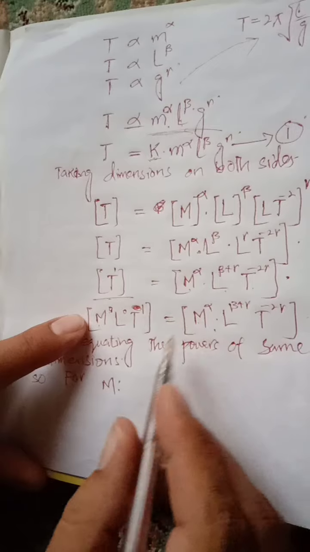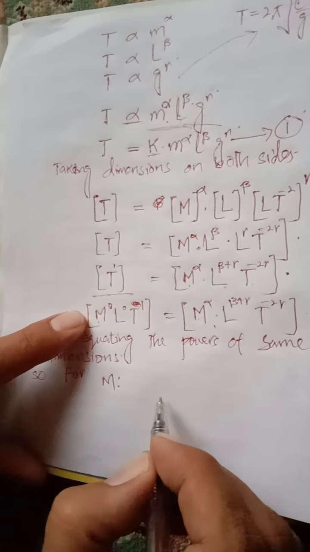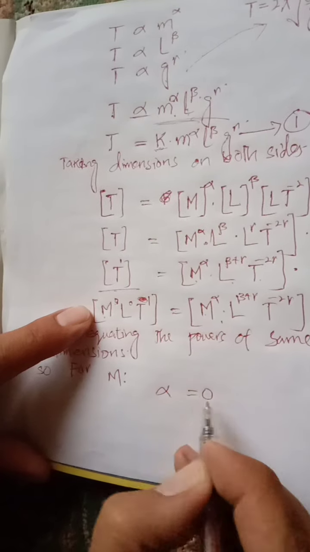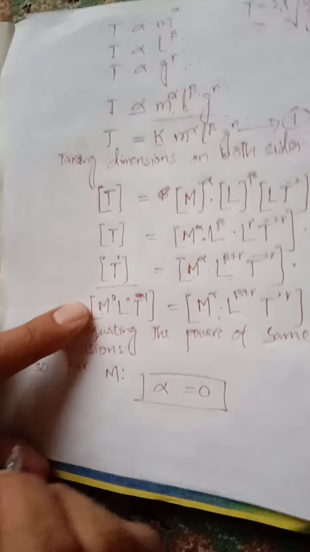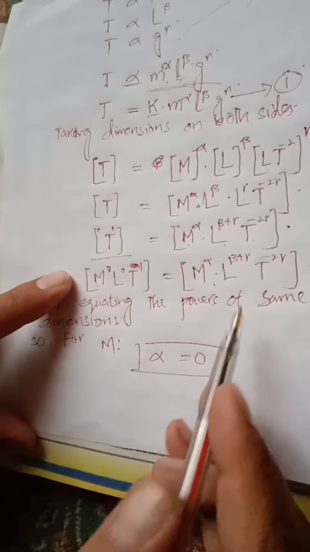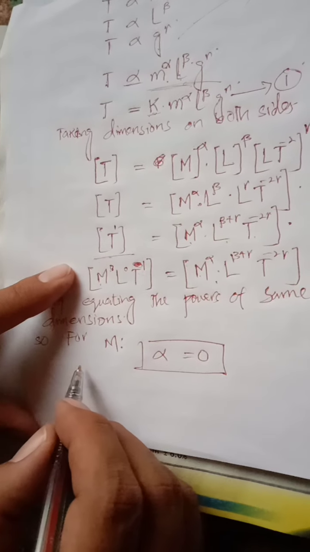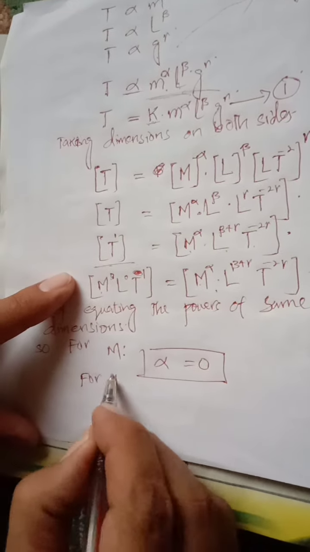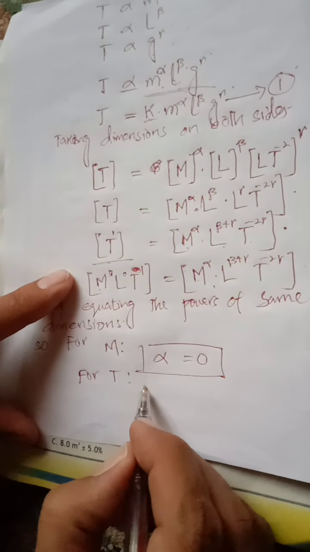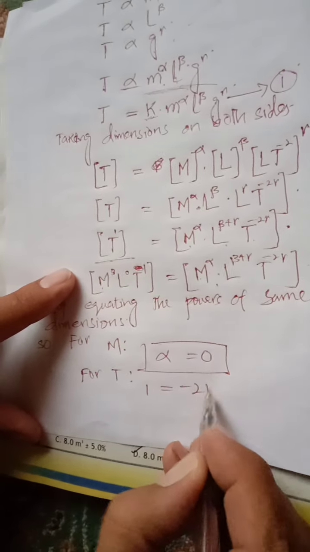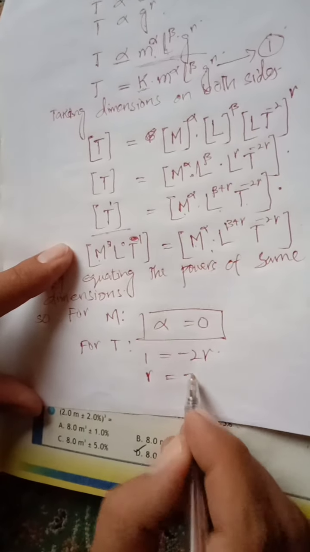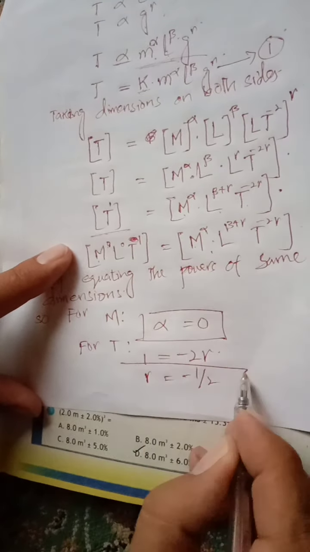So this means that alpha will be equal to 0. Now by equating the powers of T, for T we have 1 is equal to minus 2 gamma. So gamma will be equal to minus 1 by 2.